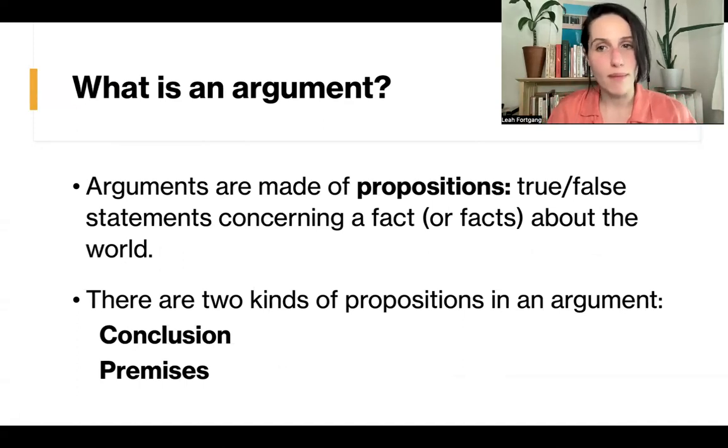What are propositions? Propositions are true or false statements. They're like statements about facts of the matter, right? Matter you can think of like the way scientists talk about it, like physical matter. So matter in the world. So propositions, again, are true or false statements about facts of the matter, facts of the world.